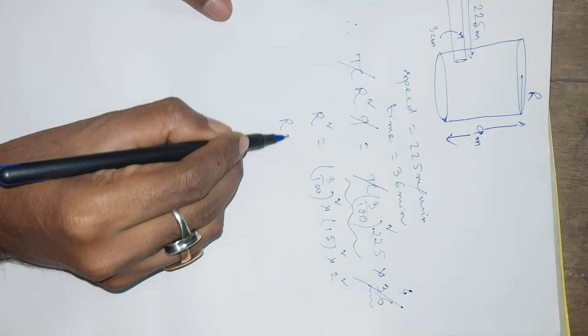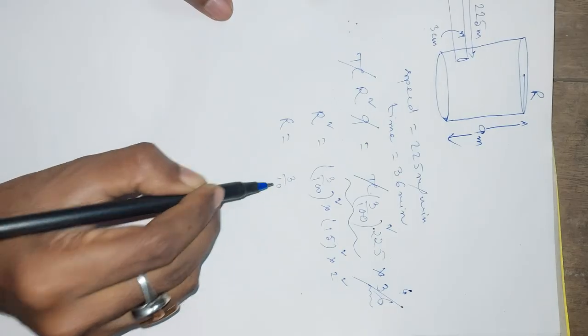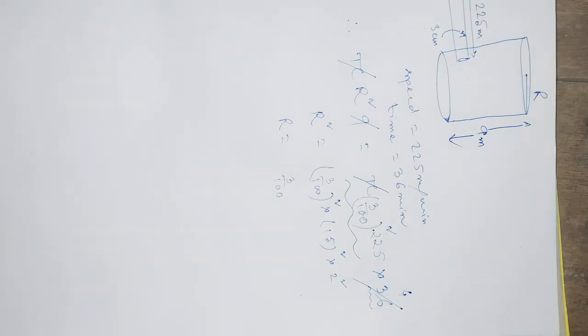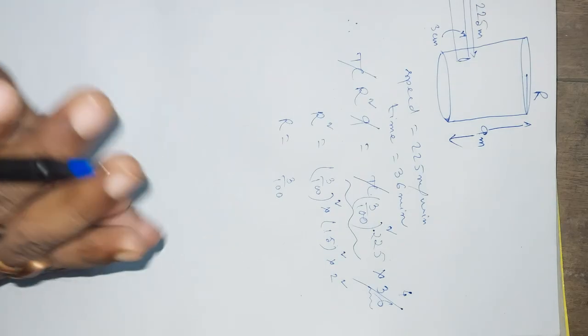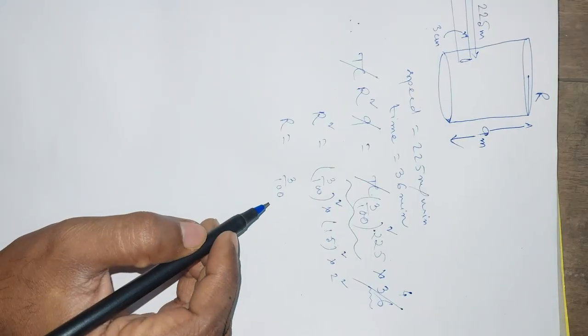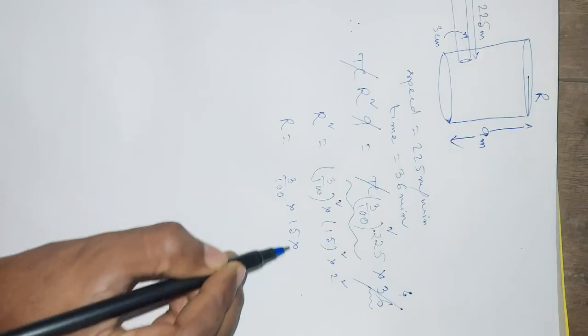So r should be equal to 3 by 100. We are doing square root on both sides of this equation. So 3 by 100 into 15 into 2.